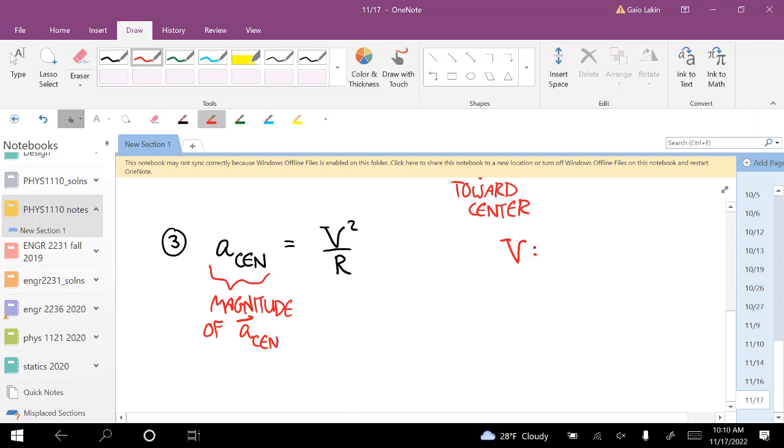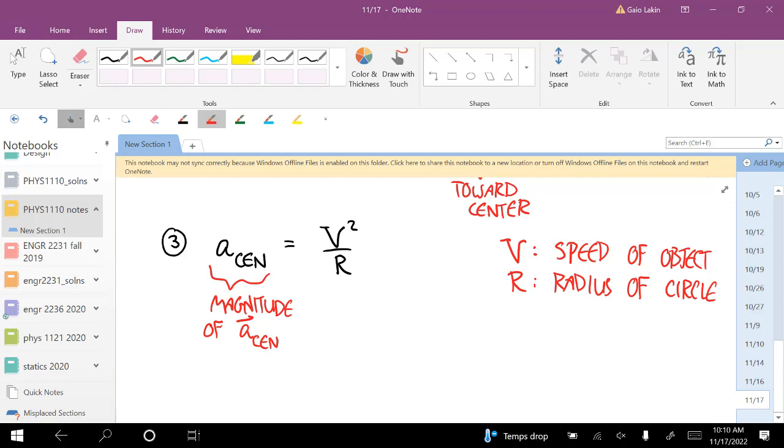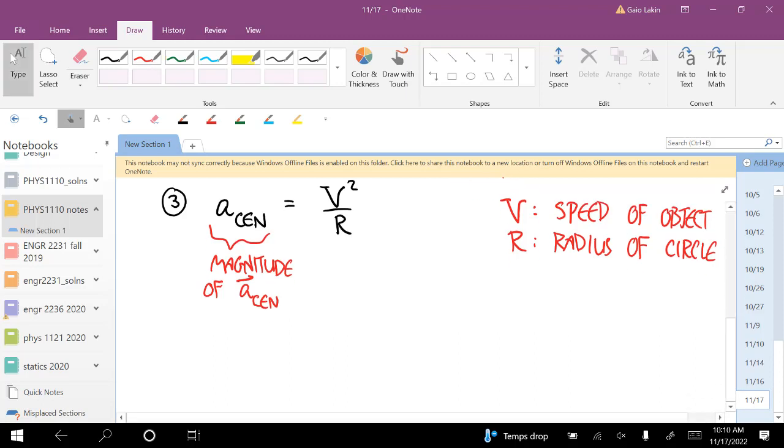Capital V is the speed of the object. r is the radius of the circle. This equation doesn't work for any other kind of motion except circular motion, but it always works for circular motion. So that's a nice bit of extra information that we have. One way you can think of circular motion is it's the motion where the speed squared over the radius is equal to the magnitude of your perpendicular acceleration. That's like a defining thing about circular motion.